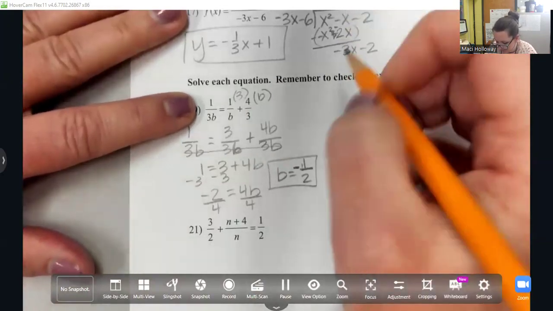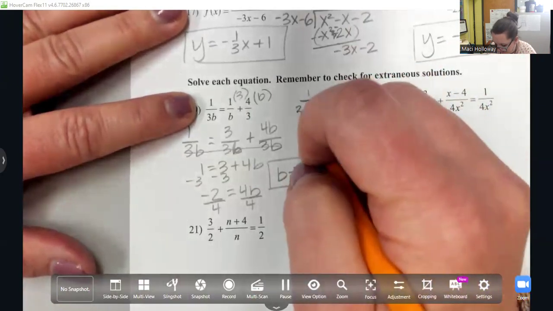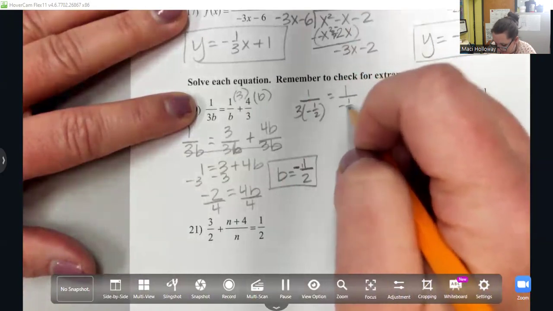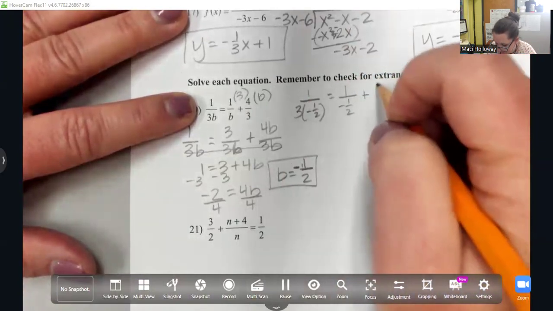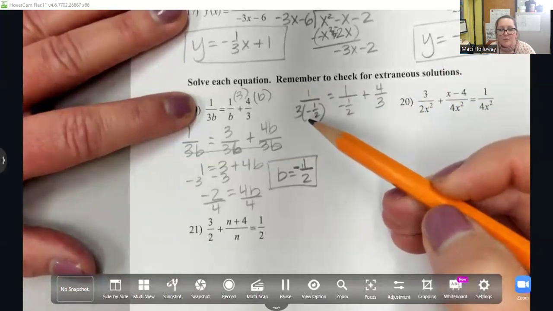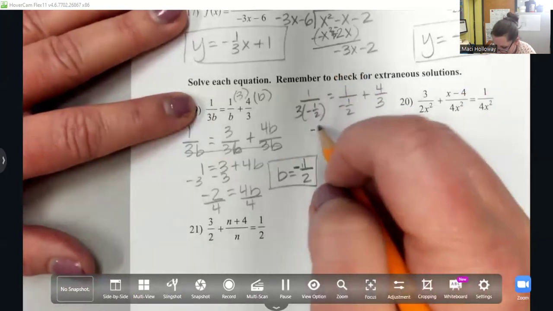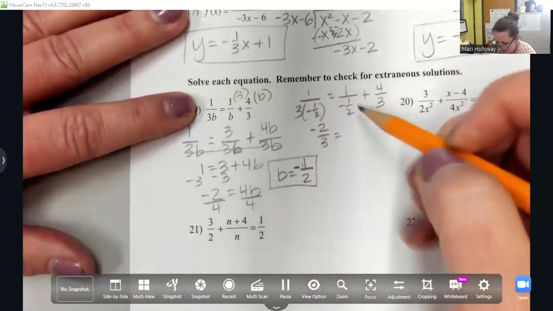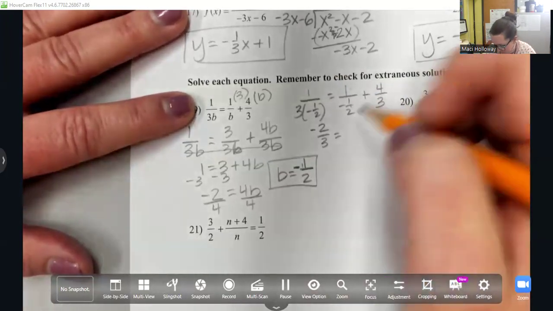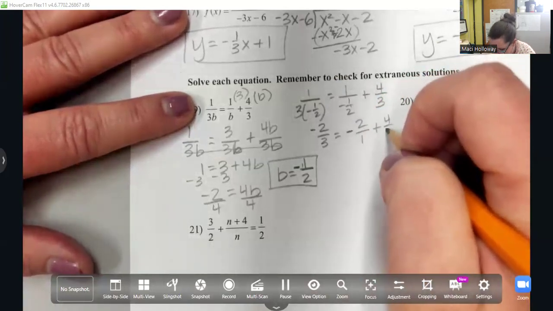All right, let's check this guy. Ew, gross. All right, this is 1 over 3 times negative 1/2, plus 4 over 3. 3 times 1/2 is 3/2. If I multiply by the reciprocal, it's negative 2/3. 1 divided by negative 1/2, multiplied by the reciprocal, and we get negative 2 over 1 plus 4 over 3.